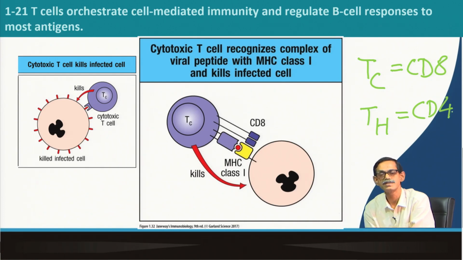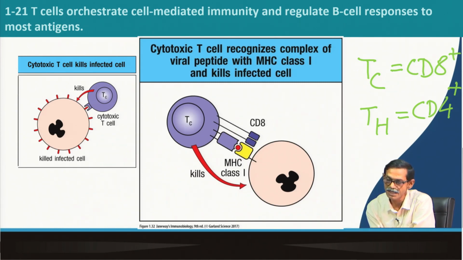Helper T cell has CD4. So, that is why many times instead of cytotoxic T cell we call them CD8 cells, and T helper cell we say CD4 plus. So, we normally use CD4 plus and CD8 plus.